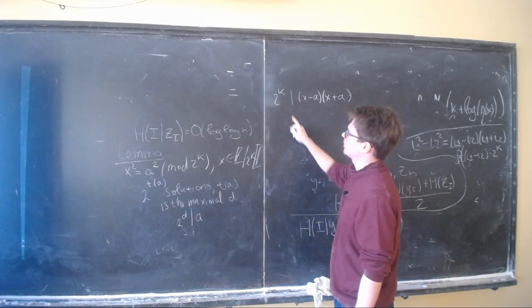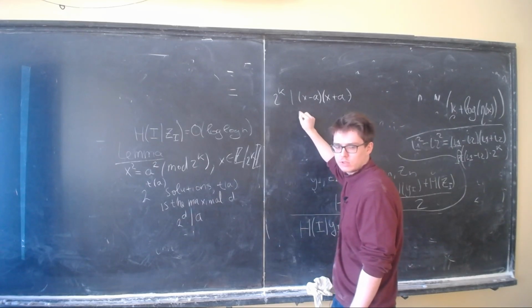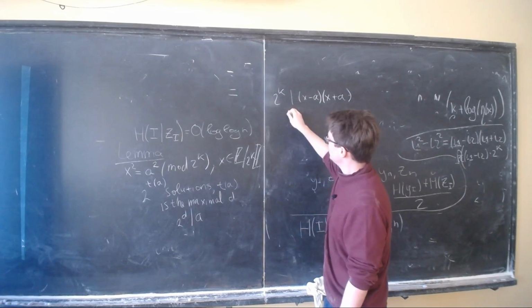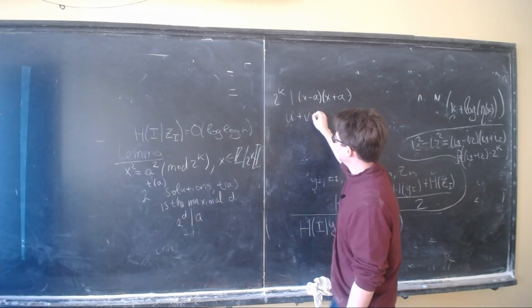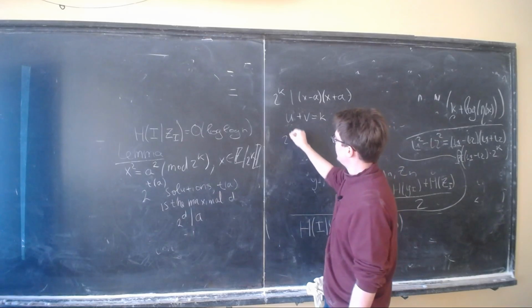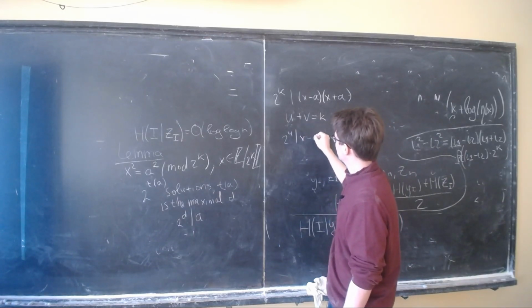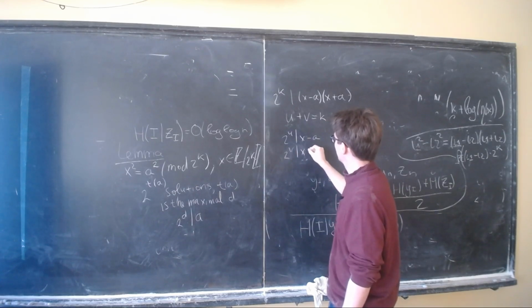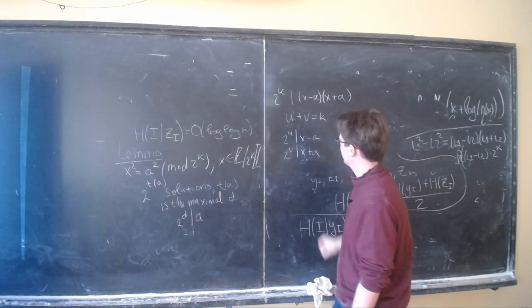This is just by definition, but it means that there are u and v which sum up to k such that 2 to the u divides x minus a and 2 to the v divides x plus a.